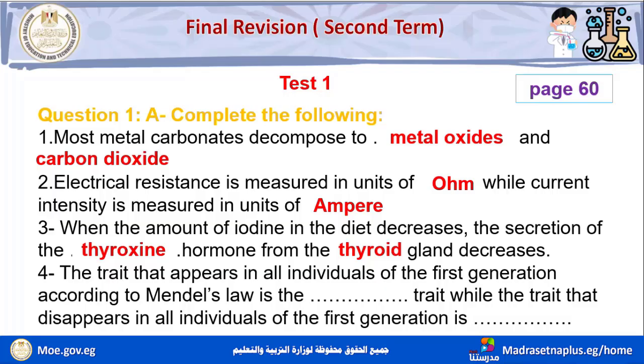Question number 4. The trait that appears in all individuals of the first generation, according to Mendel's law, is the dominant trait, while the trait that disappears in all individuals of the first generation is the recessive trait.